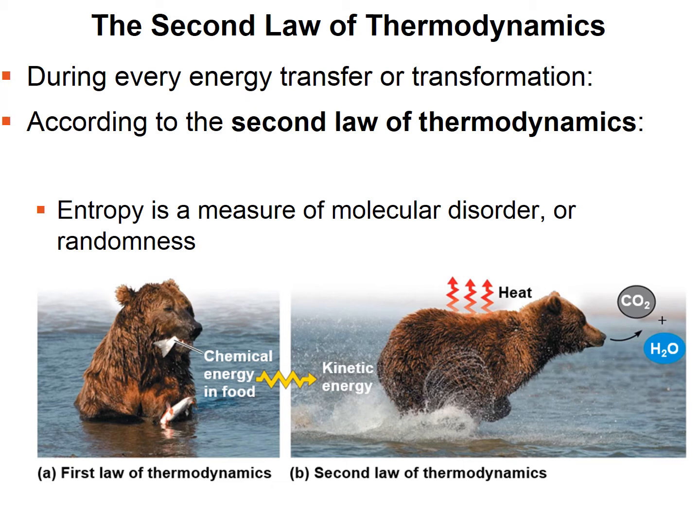And entropy is a measure of disorder or randomness. So in this example, down below, we have the bear. He's using that chemical energy of the food to convert it into kinetic energy. And some of that energy is going to be released to the environment as heat. That's increasing the molecular disorder of the environment. Molecules are being released in the form of heat.